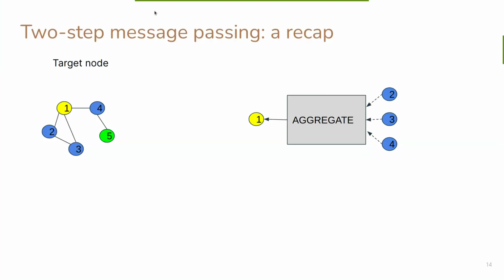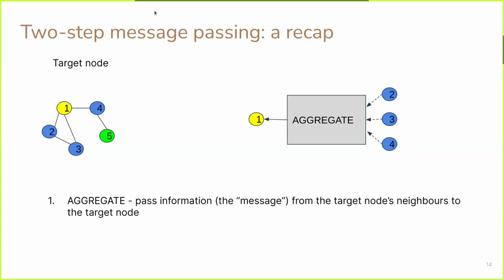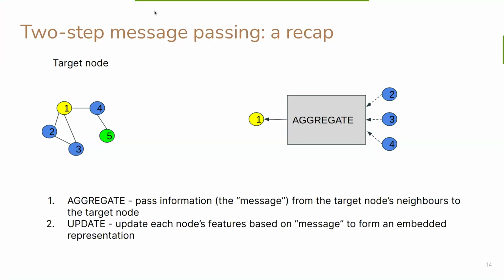As we can see here, node 5 is not included because node 5 is not in the immediate neighborhood of node 1. So we aggregate all the messages from the neighborhood of node 1 and then pass the information to the target node. The second thing is to do the update, where we update each node's features based on the messages to form an embedded representation.